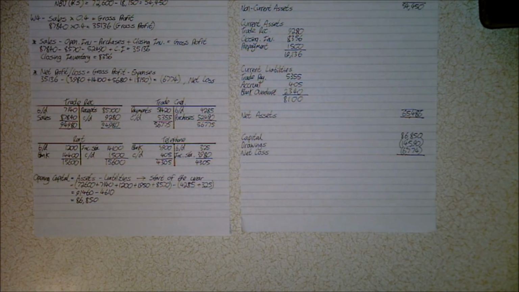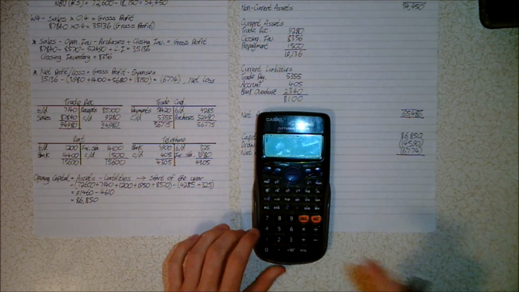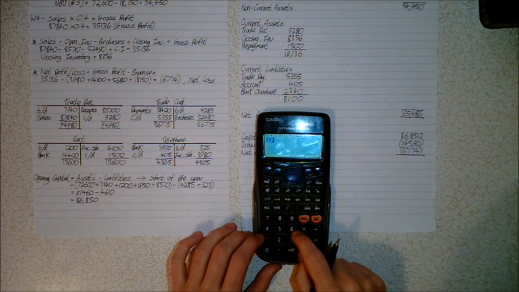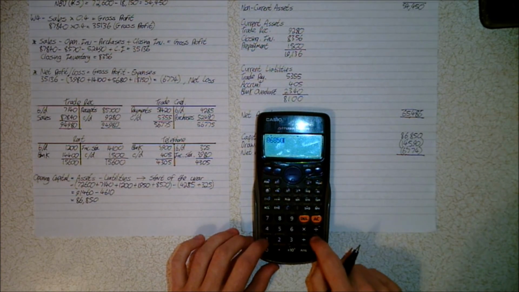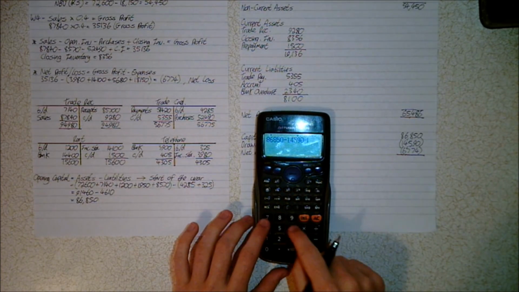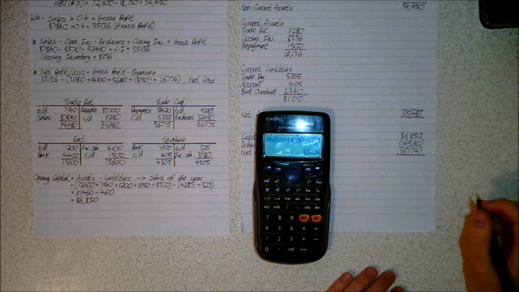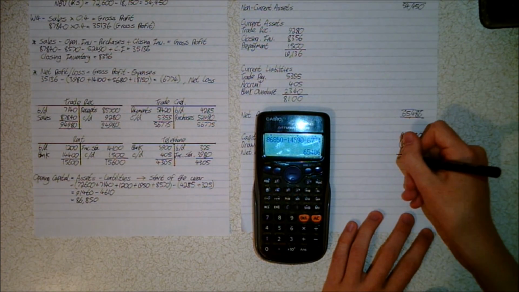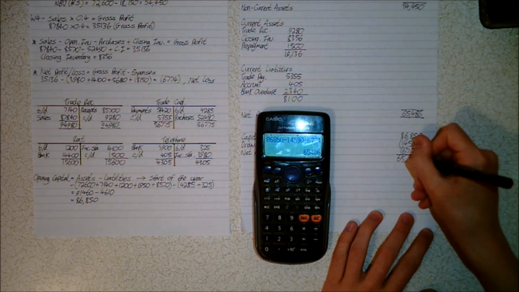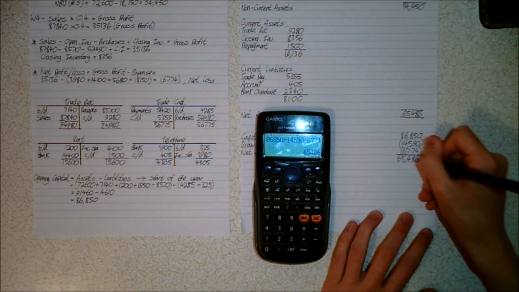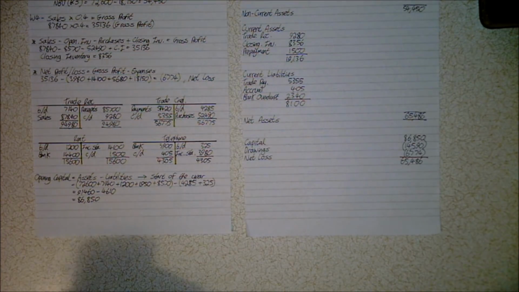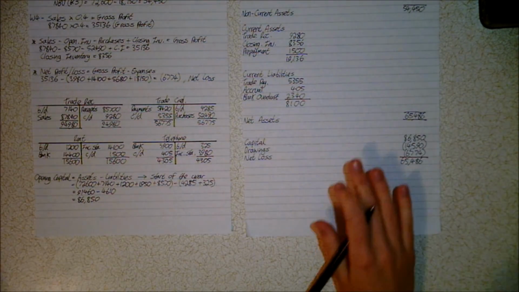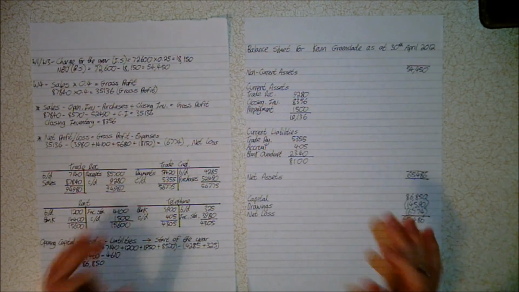Where is my calculator? Hopefully this comes to the same figure as the net assets, so 86,850 minus 14,590 minus 6,774, 65,486, that's just the number we needed. And that's it. That is all the workings done and the balance sheet balanced.